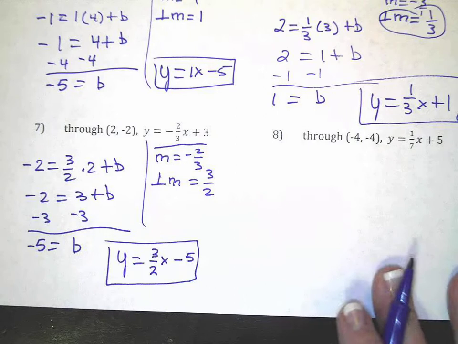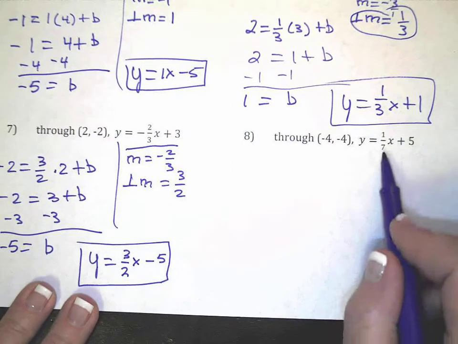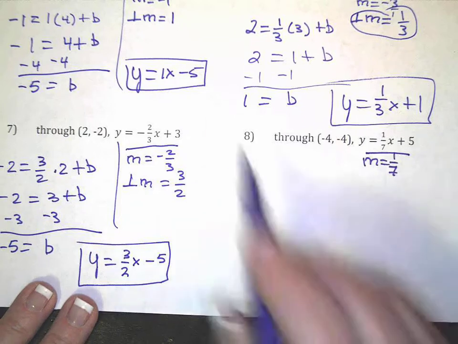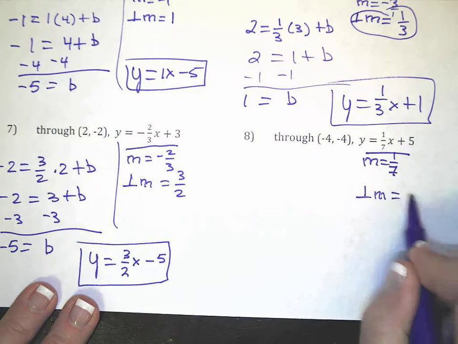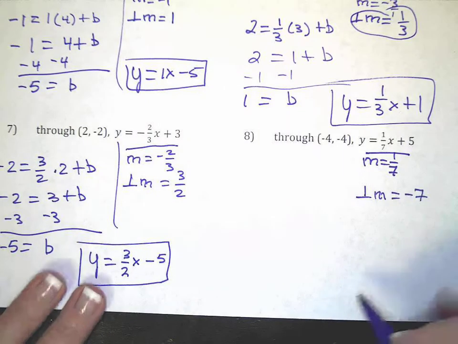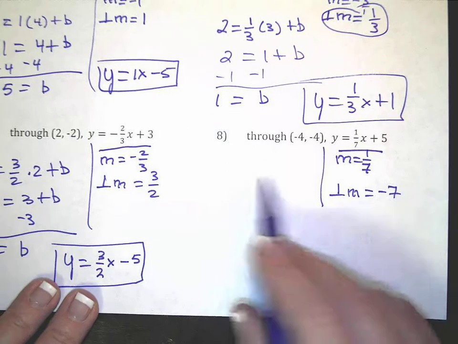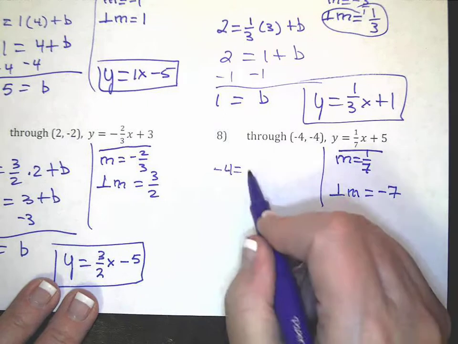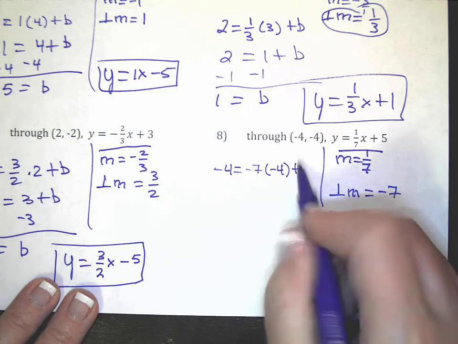Okay, our last example. So the given line has a slope of 1/7. Since we want the perpendicular slope, we're going to use negative 7, or negative 7 over 1. Okay, substituting what we know, negative 4 equals our slope of negative 7 times negative 4 plus b.